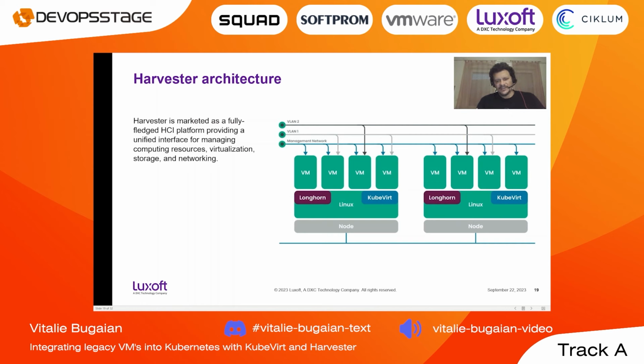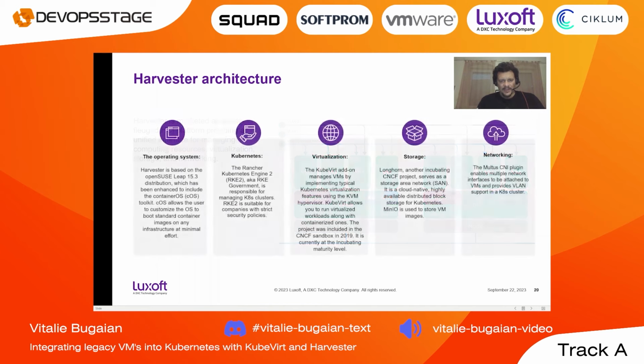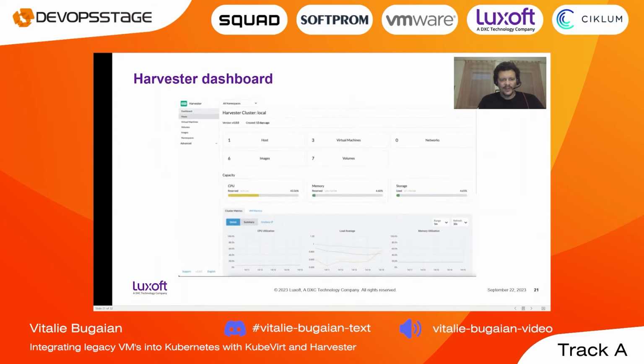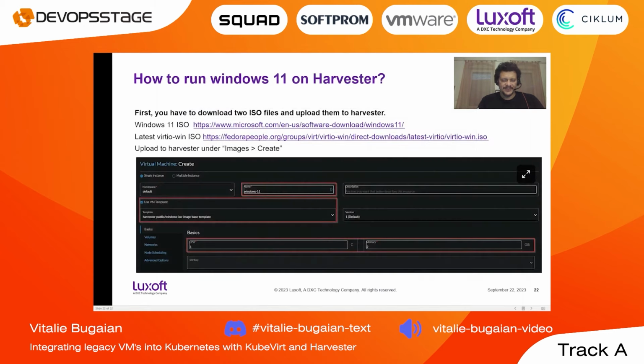So you will have nice networking capabilities using Multus. Yes, sure, you can do that without Harvester, but it's easier here. Here's the Harvester dashboard. You can also have other plugins, monitoring, Grafana, everything in one place.